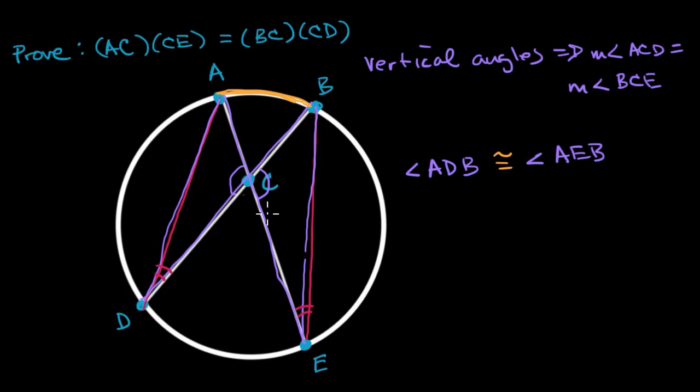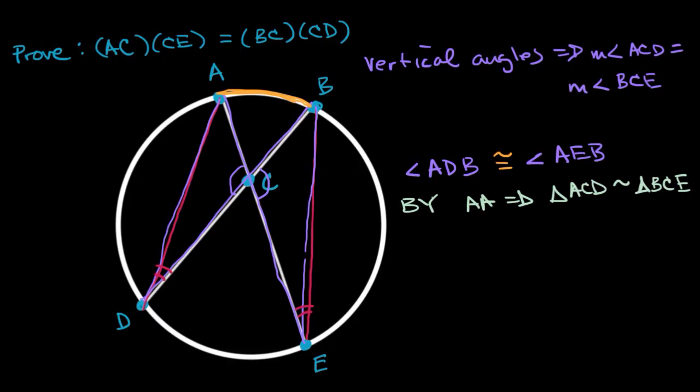So by angle-angle, we now know that triangle ACD is similar to triangle BCE.